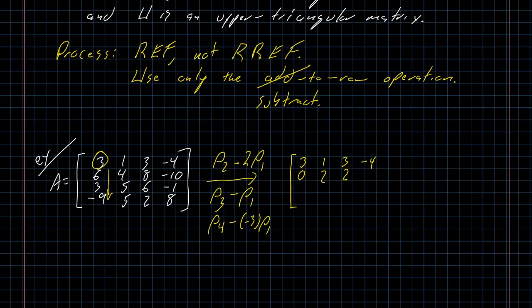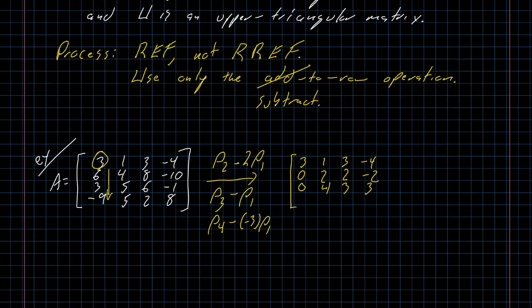Negative 10 minus 2 times negative 4. Negative 10 minus negative 8, negative 10 plus 8, negative 2. Third row, 3 minus 3 is 0. 5 minus 1 is 4. 6 minus 3 is 3. Negative 1 minus negative 4 is negative 1 plus 4, which is positive 3.